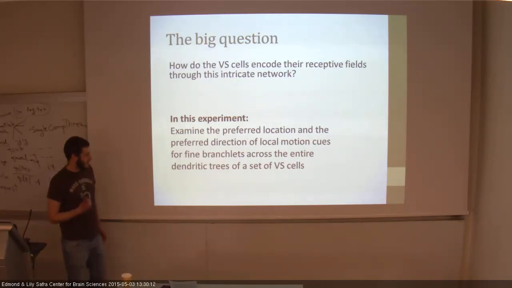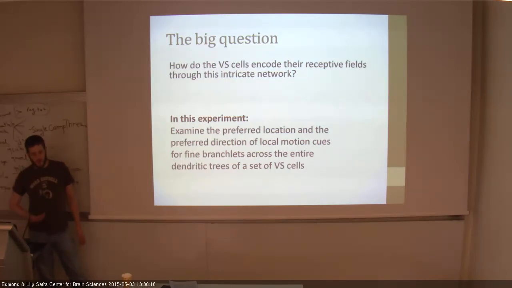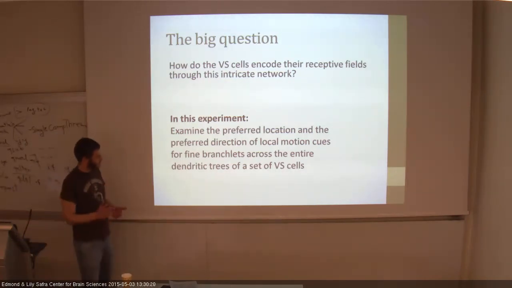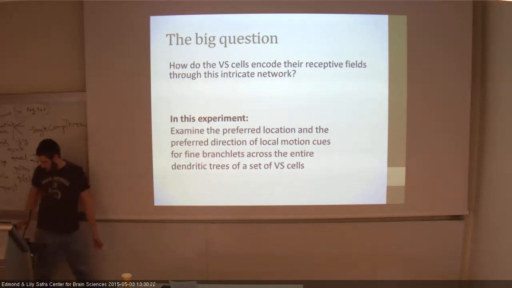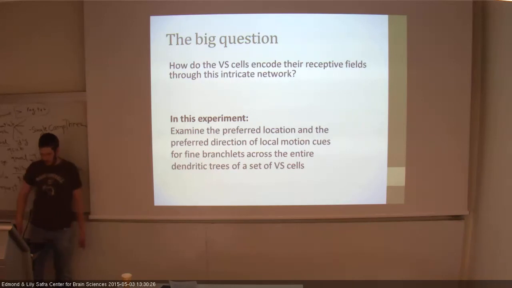So mostly the contribution of this paper is not proposing a computational model of how these cells integrate the information that they receive into a specific output, but just to give a lot of data about how these inputs look and how these outputs look.